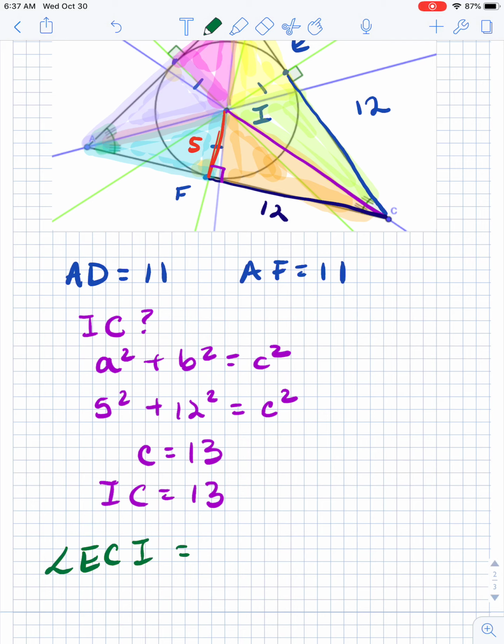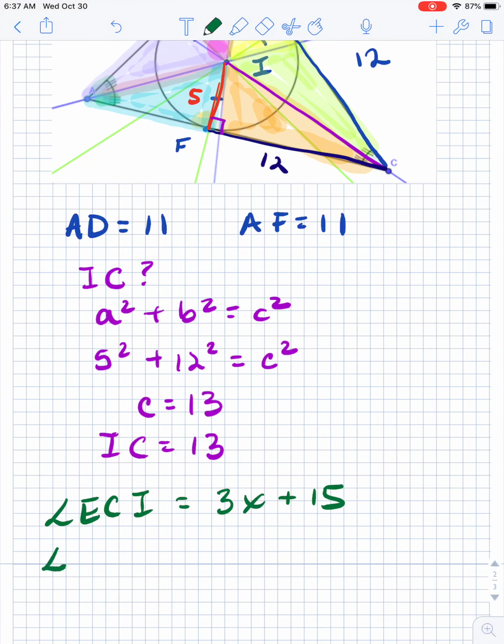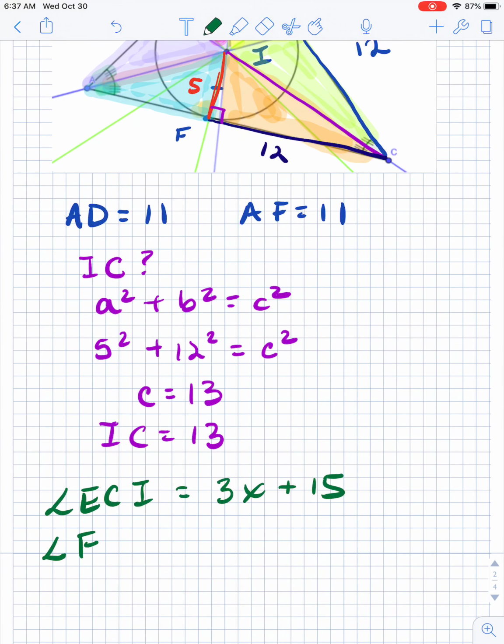is equal to 3x plus 15. And then they tell you that angle FCI is equal to 5x minus 10, okay?